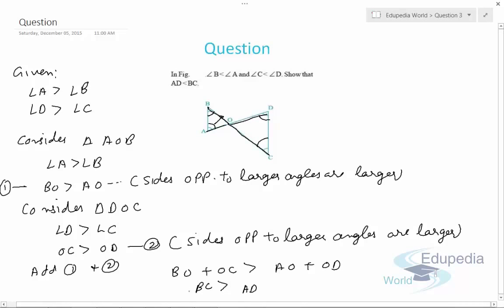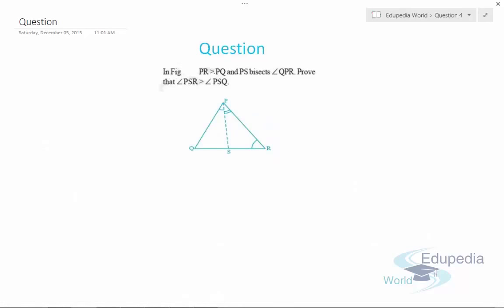So this is how we can prove these types of questions. In this question it's given that PR is greater than PQ and PS bisects angle QPR, which means this angle equals this angle. We need to prove that angle PSR is greater than angle PSQ. So first we write the given.